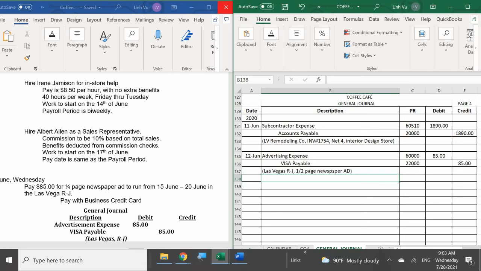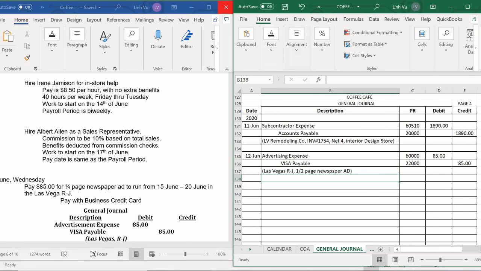So now that I completed my journal, right? Next step I have to do is I need to update my account because now I have a starting balance in both accounts of my advertising expense and my liability of my credit card.